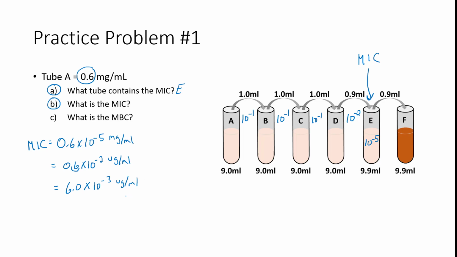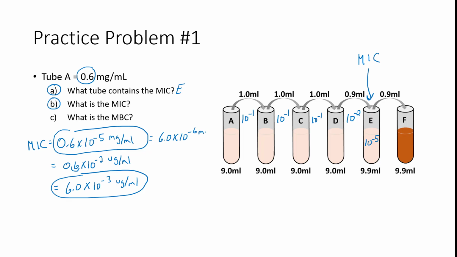If the answer needs to be in milligrams per mL, then this is the correct answer. If the answer needs to be in micrograms per mL, then this is the correct answer. And what we really should do, instead of saying 0.6 times 10 to the minus 5 mg per mL, is make one adjustment here to make this 6.0 times 10 to the negative 6 mg per mL.